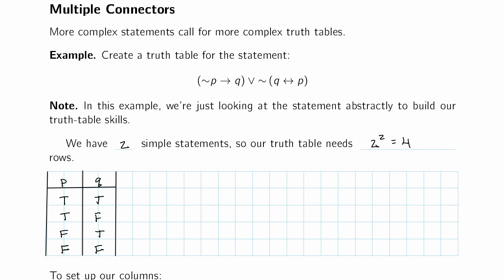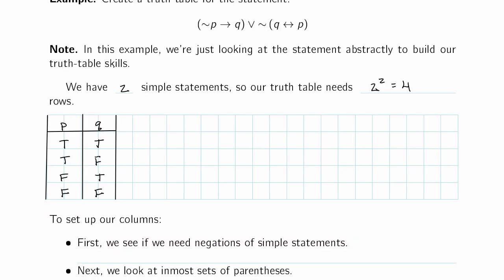Okay, now what columns do we need? First, we need a column for negations of simple statements. Looking through here, I see a not P, here's a Q, here's a not that's outside some parentheses, here's a Q. I don't see any not Qs.